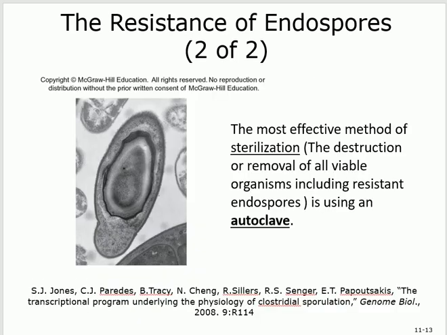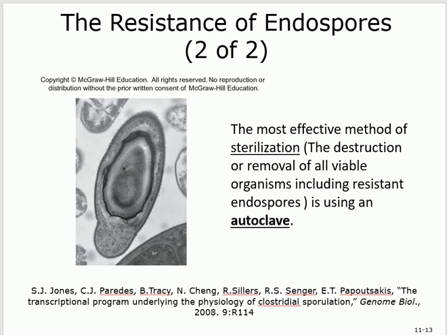The most effective way for sterilization. What's a sterilization? Destruction or removal of all viable organisms, including resistant endospores. Like you make it zero, literally zero, nothing at all. Even the resistant endospores, yes, everything. And this is the autoclave. So did you get what sterilization is?